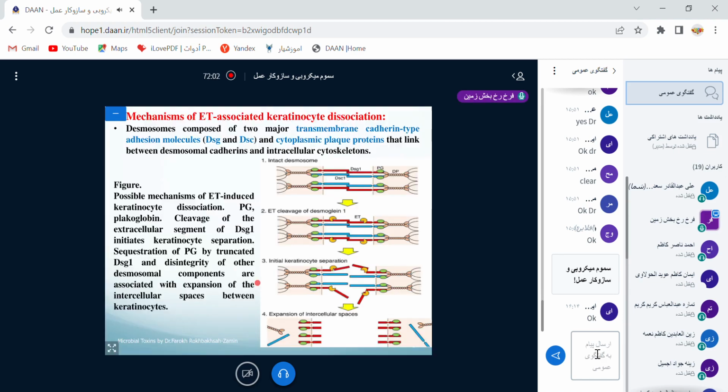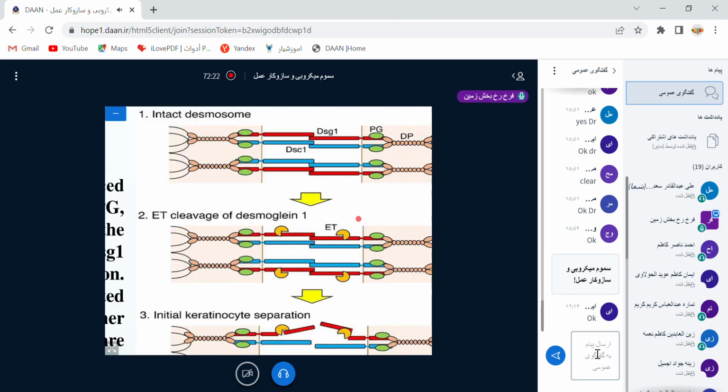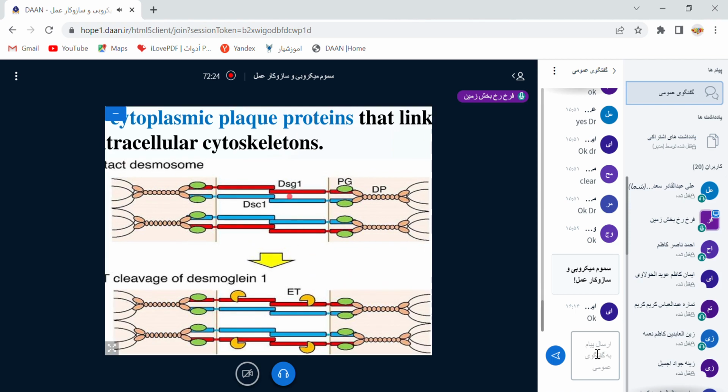Now after infection, we want to see the mechanism of action after toxin action. Mechanisms of exfoliative toxin associated with keratinocyte dissociation. As you see, the desmosome we show you in two colors, red and blue.